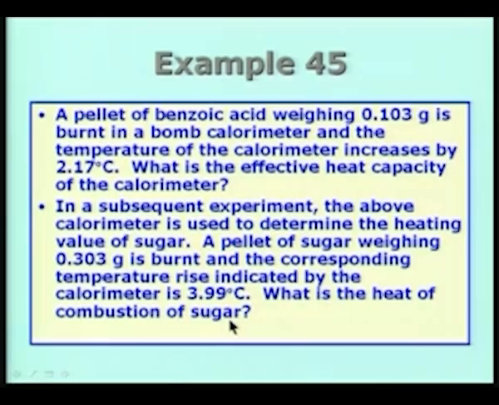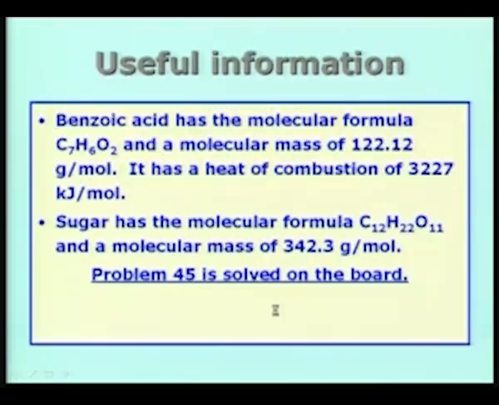These are the two parts of the problem, and let us look at some of the useful information. Benzoic acid has the molecular formula C7H6O2 and a molecular mass of 122.12 grams per mole, and it has a heat of combustion of 3227 kilojoules per mole.